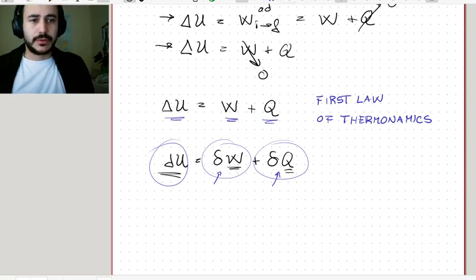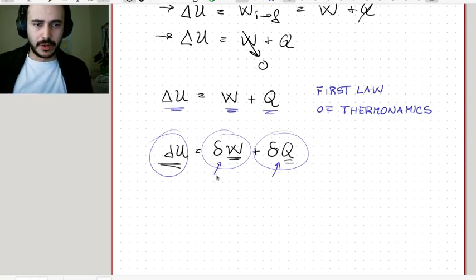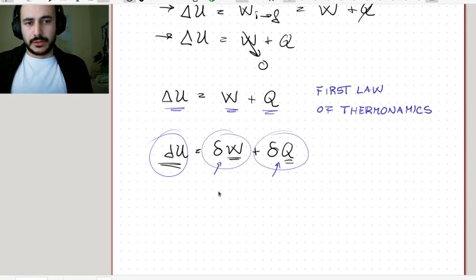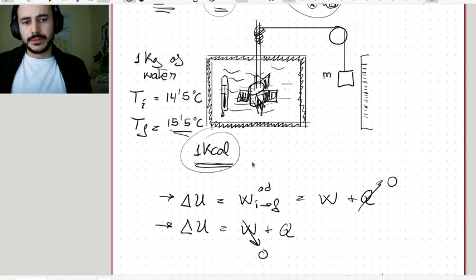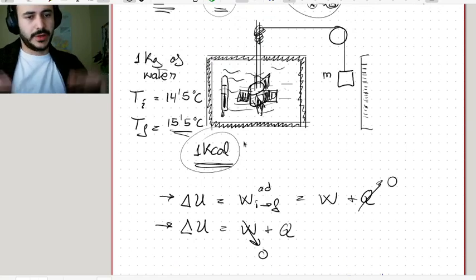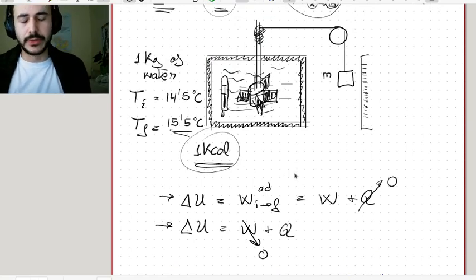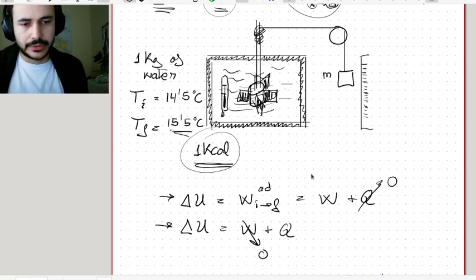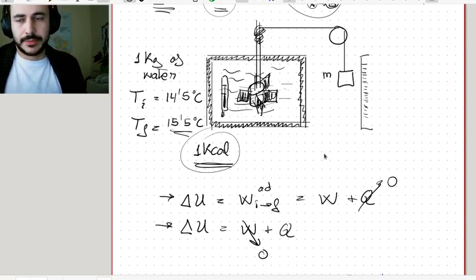And to conclude this video, just a final comment on the units of heat. When we introduced heat here, we really didn't say what the units of heat were. We just defined this kilocalorie, but we didn't know what place heat occupies in the international system of units. Now we see that heat can be measured in joules, in the same units as work, because it's equivalent to work.